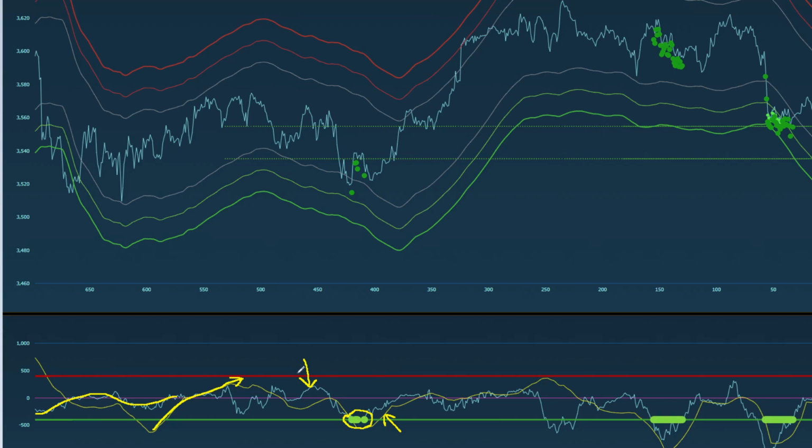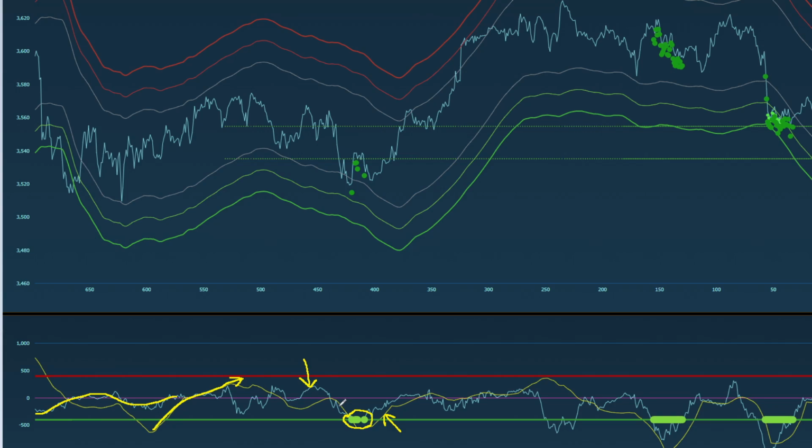If both of these things happen below minus 400, it means the market is really oversold, which means the sellers made so much effort in this particular moment that it will be really hard to add more and keep up the pace which they generated before. So that's the basic explanation of what these indicators actually are.